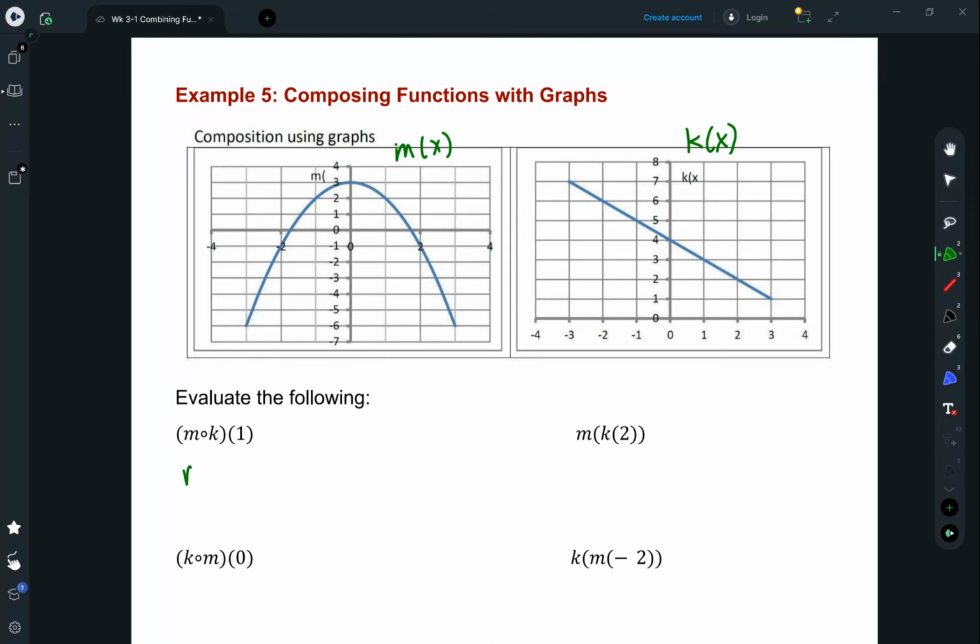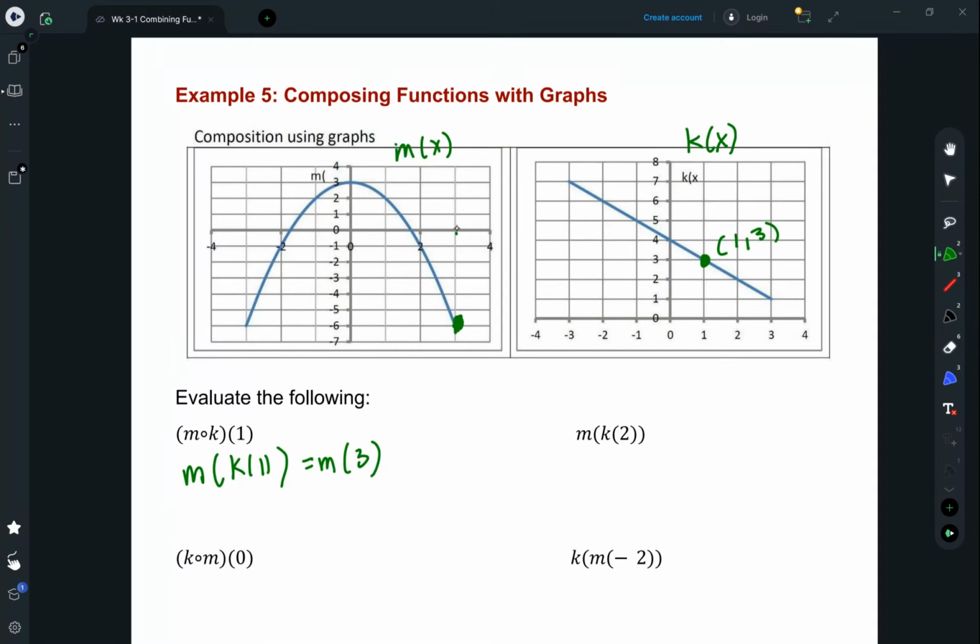The first one says m of k of 1. So we're going to find k of 1 by using our graph, and we see an input of 1 gives me an output of 3. So this is m of 3. Now I go over to m and find 3. Here's 3, and I look at my output.